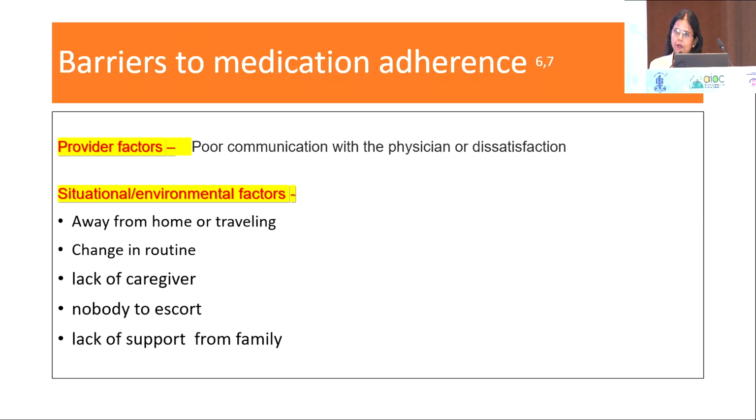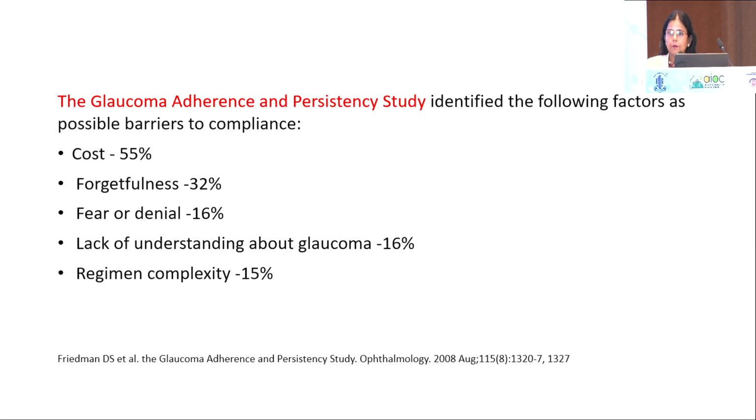Caregivers may not be there to help him in putting the drops, or there's nobody to escort the patient for follow-up to the hospital. That may lead to discontinuation of the treatment, or there's a lack of support from the family. There's nobody who understands the disease and provides the medication to the patient. So there are so many obstacles in the medication.